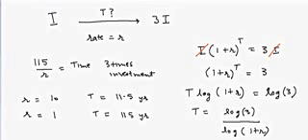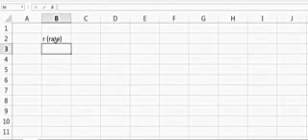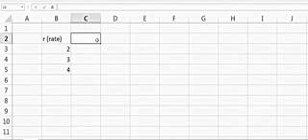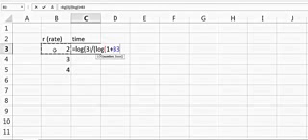Let's try to solve this equation in Excel. If I go to Excel, I can say, suppose R is my rate, and the rate varies from 2, 3, 4, and our time will be equal to log of 3 divided by log of 1 plus rate.